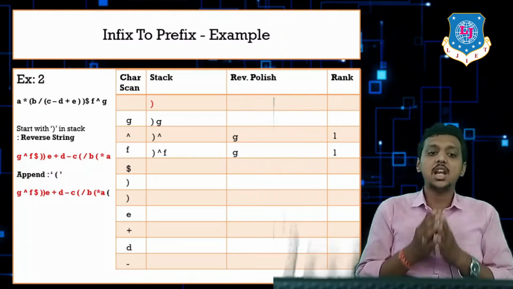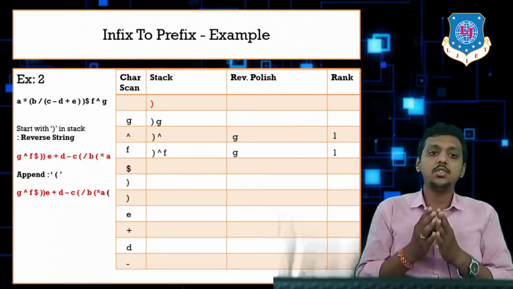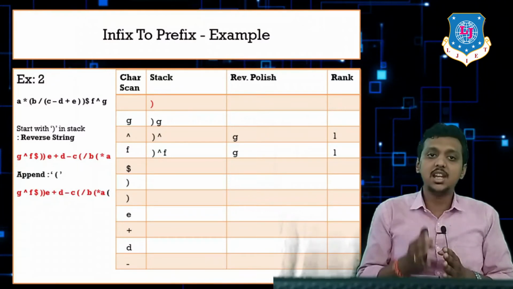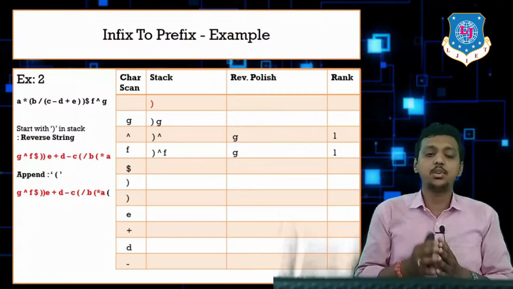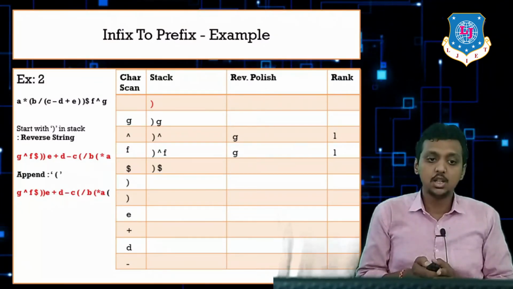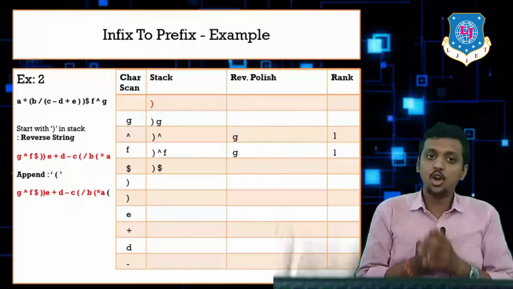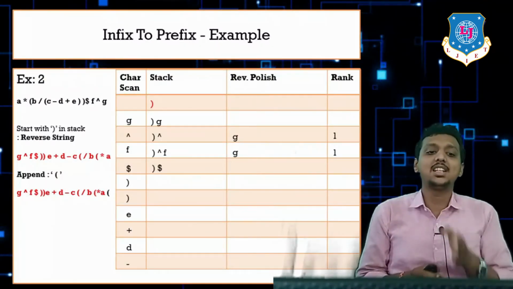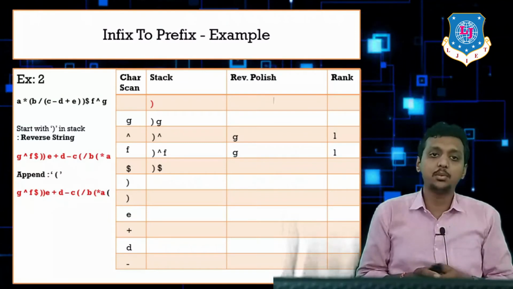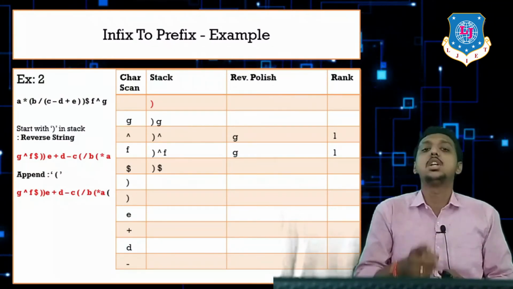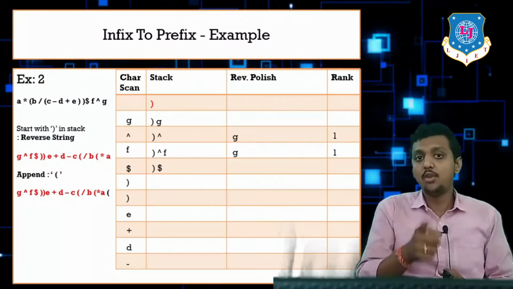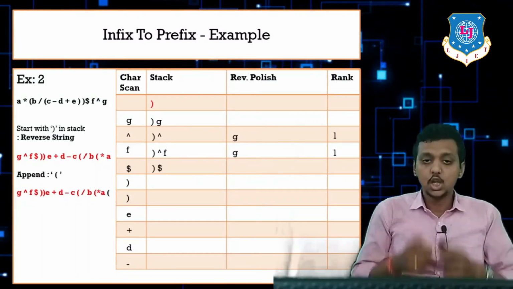Okay, so here I have dollar with a lesser precedence than F. That's why F goes out to the reverse polish. But what happens with the caret? Always see here the caret also has a higher precedence than the dollar. Just check out the precedence table of infix to prefix, and you will get a better idea.